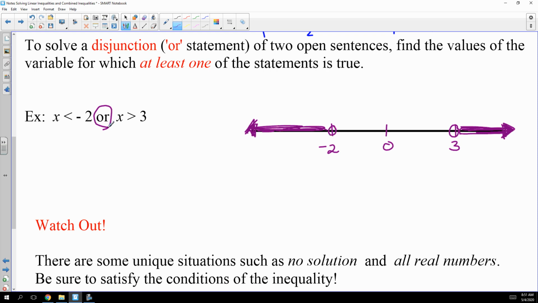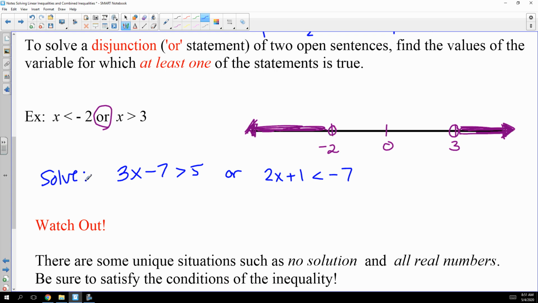So you might have, let's say you have 3x minus 7 is greater than 5, or 2x plus 1 is less than -7. So in this case, if we solve this disjunction, we're going to have to solve each one separately.